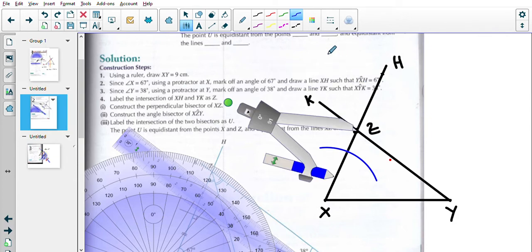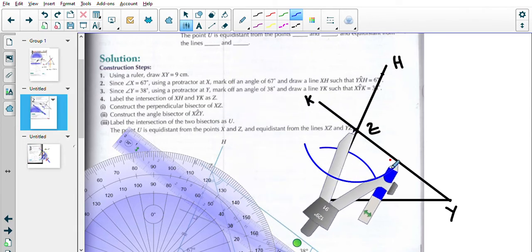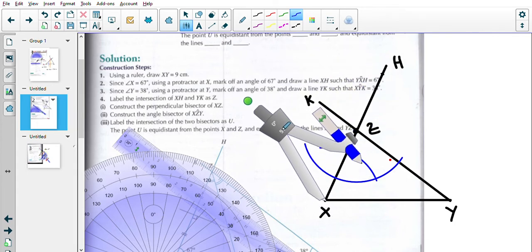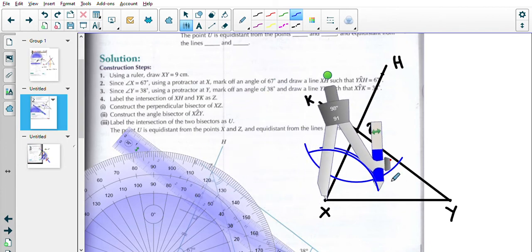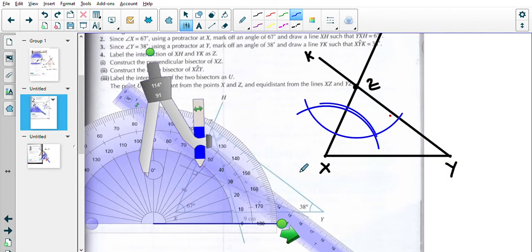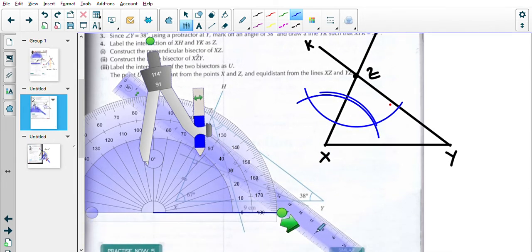Then don't forget to flip this, and I draw the arc again so that it intersects at two points. But before that, make sure that X also intersects with this one, so you have to adjust very carefully. Alright, now you have already found two intersections here, and you can draw the perpendicular line by using the ruler.